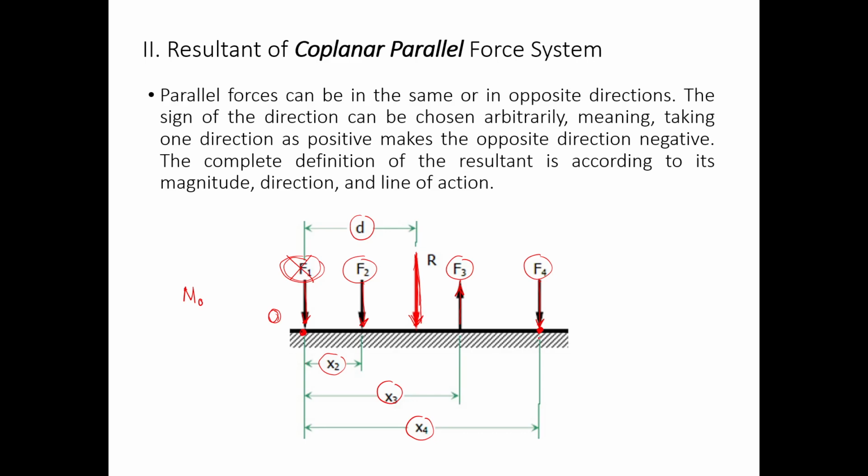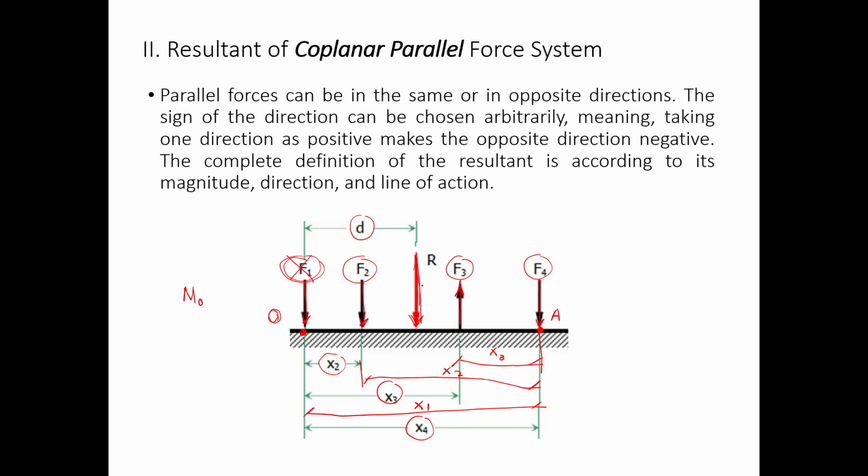Then the process will be reversed, and we're going to have distance here from, let's say, point A. So this becomes distance x3, this becomes distance x2. Sorry for my drawing, it's not up to your standards. And this becomes x sub 1. Again, the distances will depend on where you are taking your moment about.